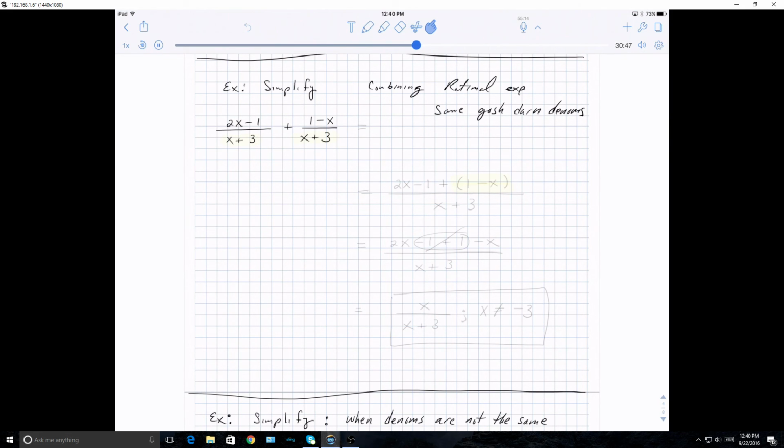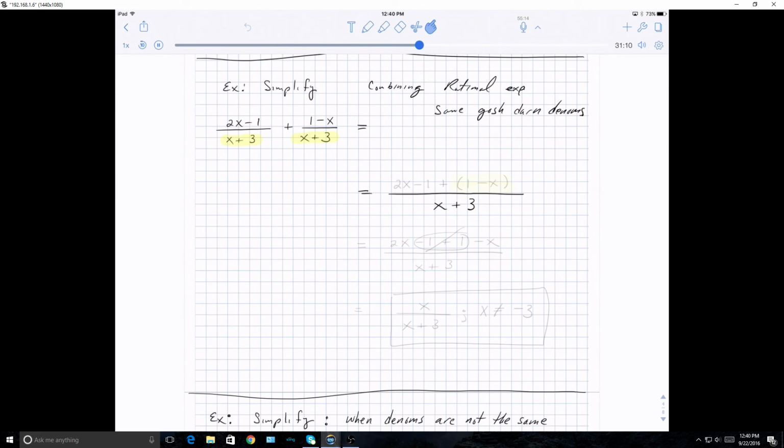And luckily for us, in this case, both denominators are exactly the same. So all we have to do is keep the same denominator, because we want to talk about the same whole, and remember that's the total.